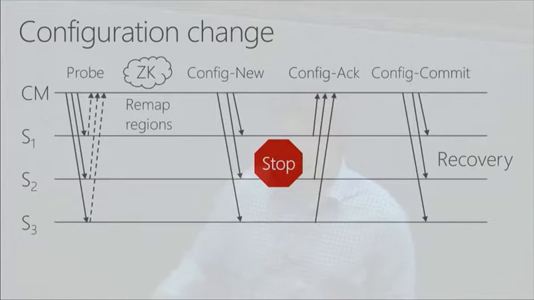So the reason why we need this three-way handshake that you see here is because we use one-sided RDMA reads, and we want to avoid starting recovery while some servers might still think that they are in the old configuration.